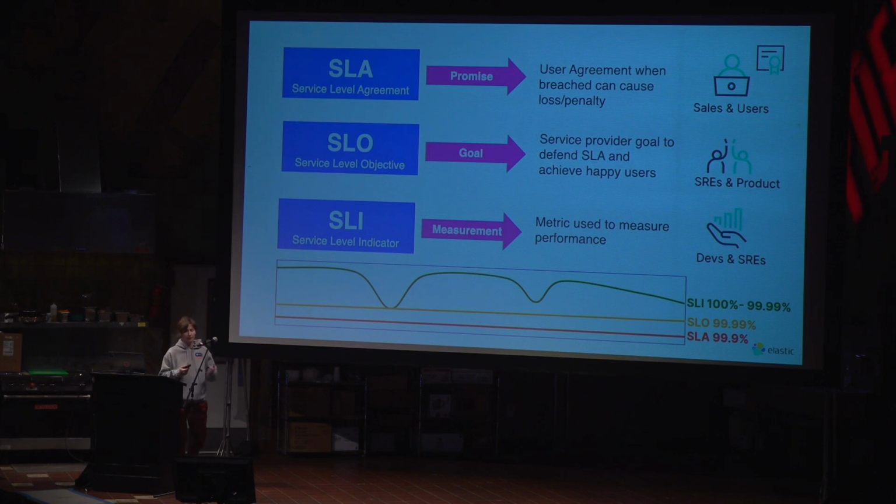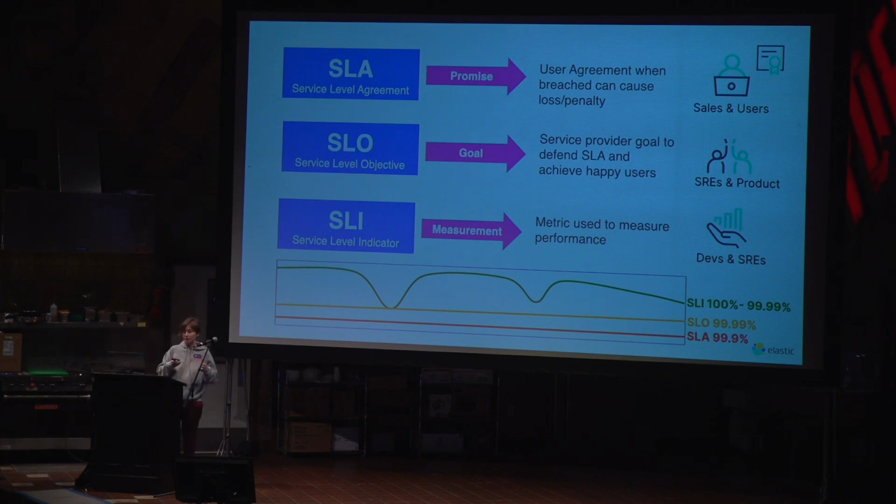There are a few definitions here I would like to recap, because they are very basic, but very important in today's talk. Many of you probably work in observability, you are also SREs, and we deal on a daily basis with SLAs, service level agreements, which are more at the sales and user level.